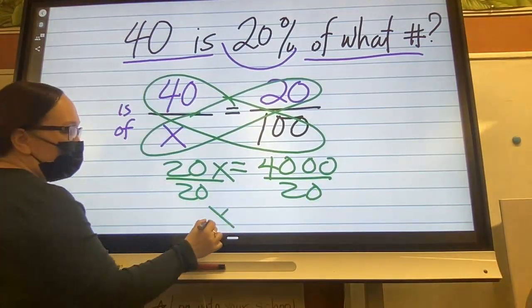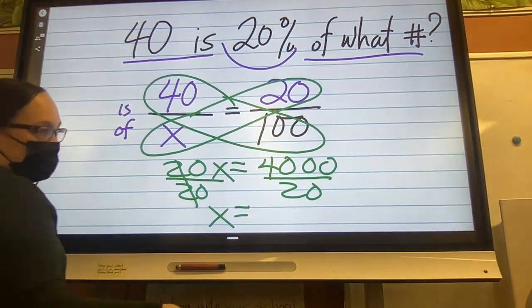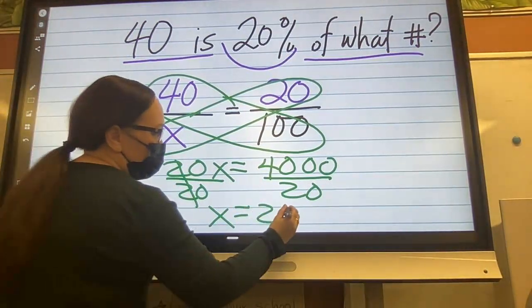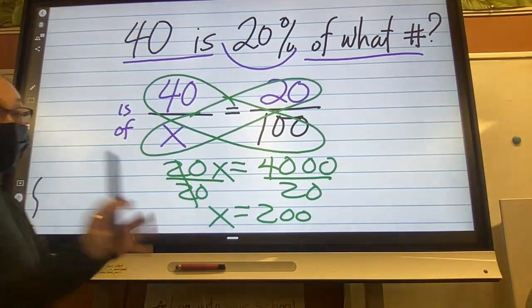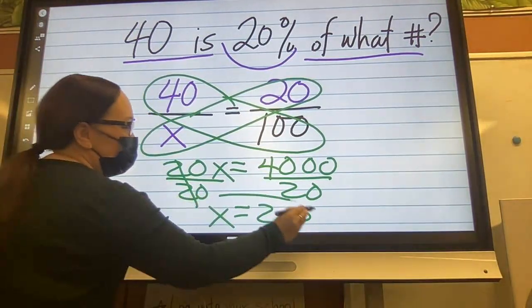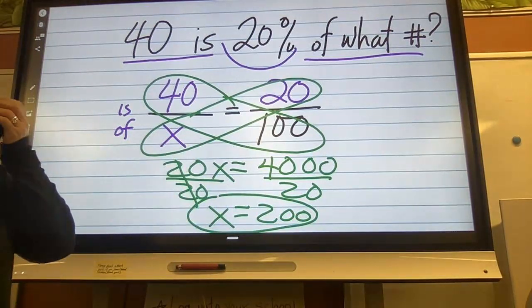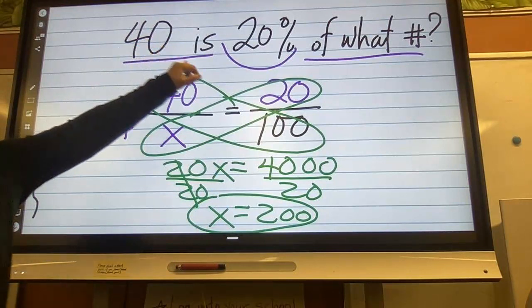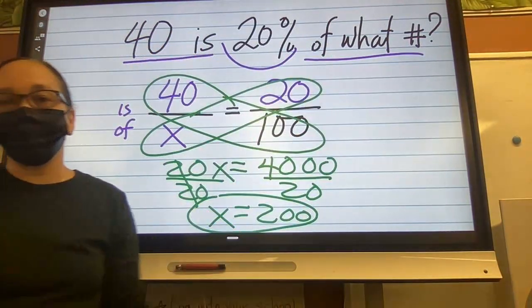So now x, you can cancel that out. And what will this be? 200. Since we're not looking for percent, that was just 200, not percent. Therefore, 40 is 20% of 200.